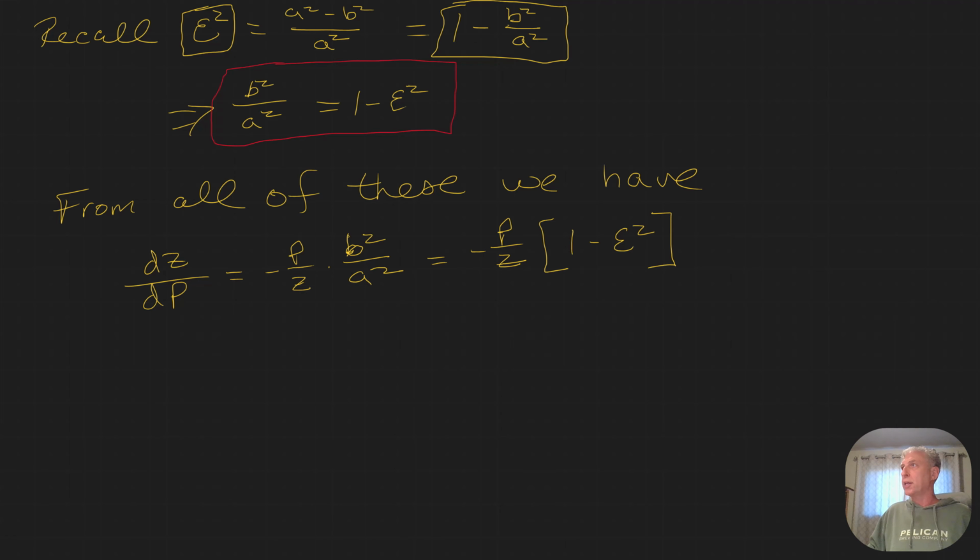I just replaced b squared over a squared here with 1 minus epsilon squared. And that equals, from our study of the picture, minus 1 over tan phi. All that is equal to dz/dp. Okay. Phew.